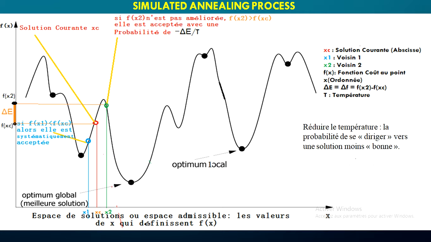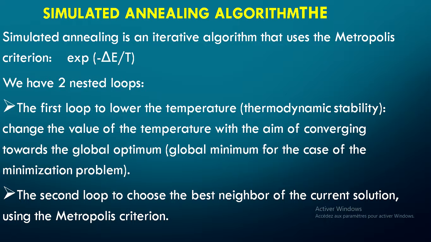This is an illustration of the simulated annealing process globally. The students can take their time to analyze this illustration, because I put this presentation support on the Moodle platform, so the students can revise it and try to understand the principle of the method.